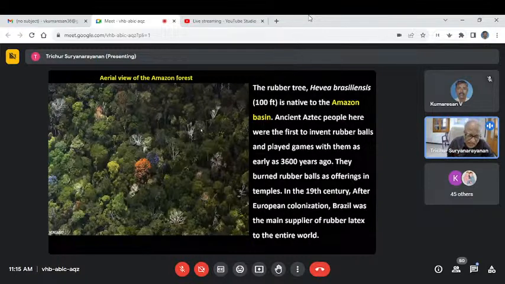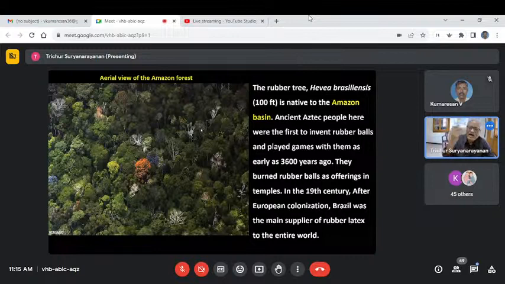And in the 19th century, the Spaniards and also the Portuguese colonized South America, and especially Brazil was colonized by the Portuguese. And then Brazil became the main supplier of rubber latex to the entire world, because by that time there was a need for rubber throughout the world.